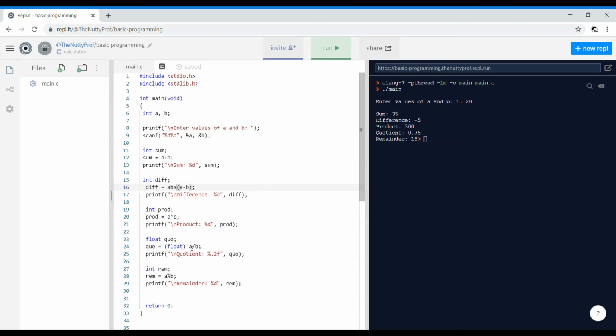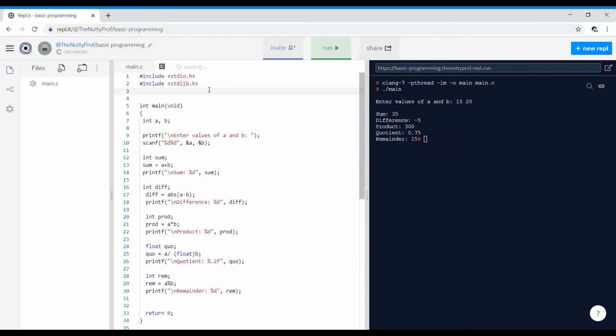I just want an absolute value for the difference. And here for the next I will change the float to b. So I'll change the float to b and I'll run. Now since I have the abs, I need #include <math.h>, and I'll run it once again.